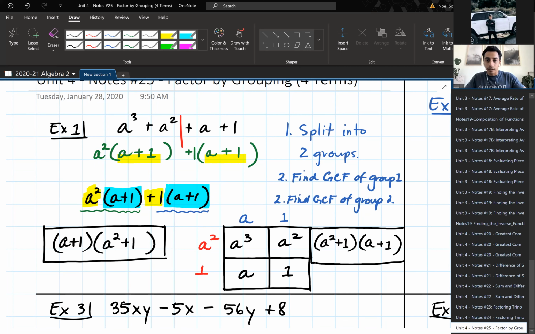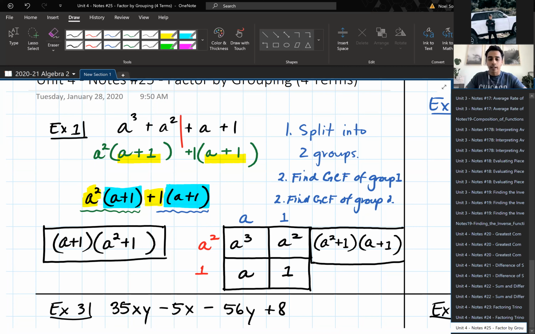And there was a question before: why can't you just add the a's and make it a to the 6th plus 1? The reason is that a to the third and a squared are not like terms, and a squared and a are not like terms either. In order to be like terms, you need to be to the same power. So when you're adding, if they're not the same power, they're not like terms. That's why we can't collect all the a's together.